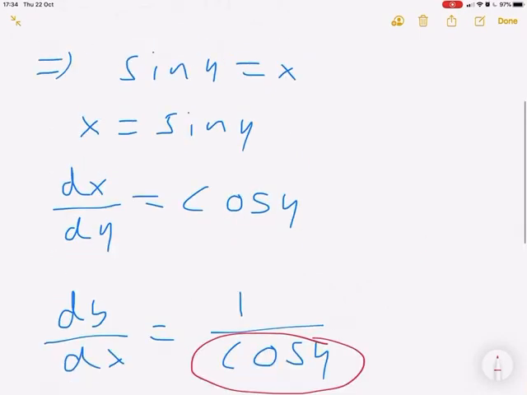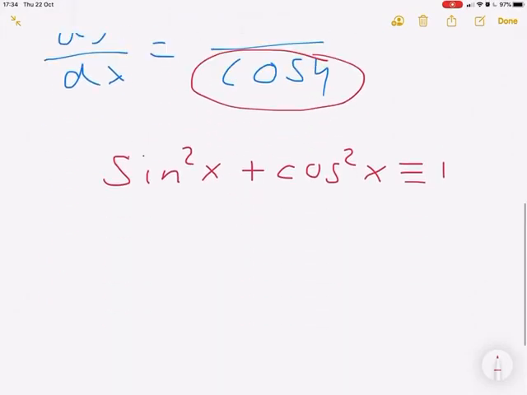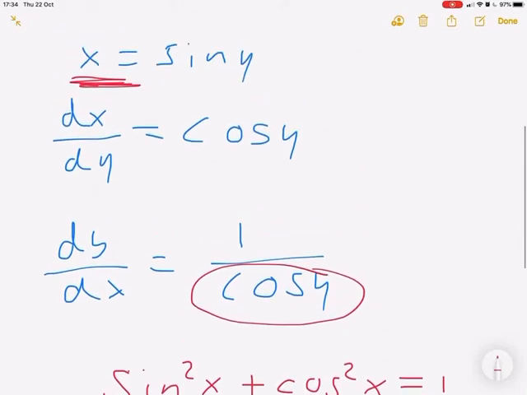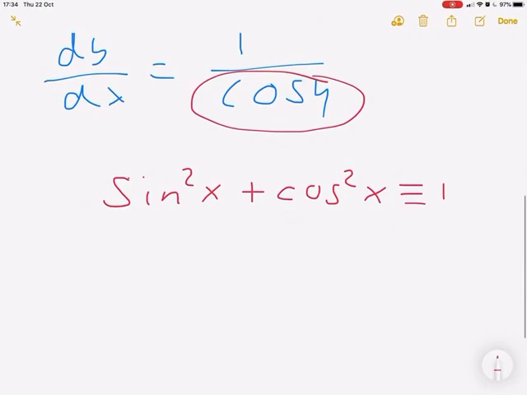So x equals sine y, we're going to want to substitute in this guy here, so we're going to want to substitute in x. And to do that, all you have to do now is just rearrange. So cos y is a subject, okay? And therefore you can plug in your x into whatever sine y is and work from there.